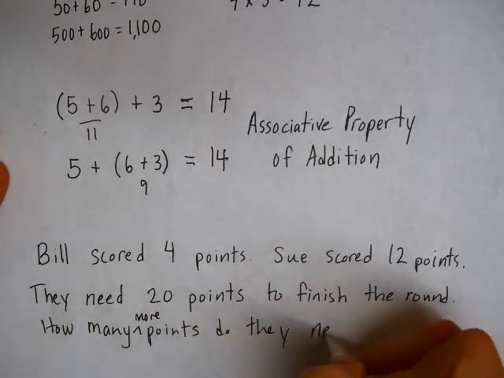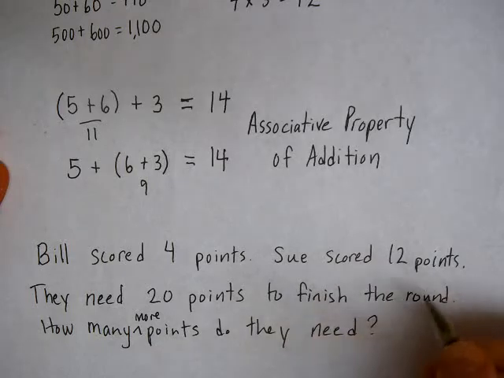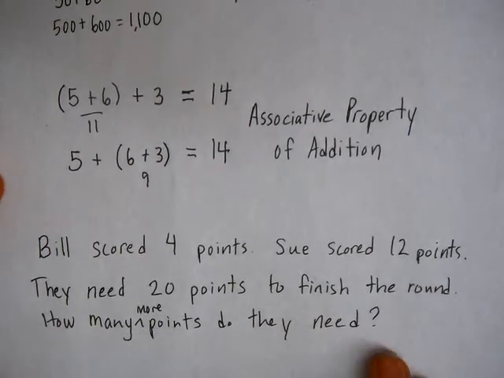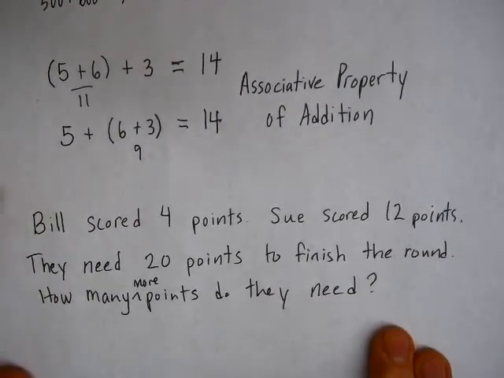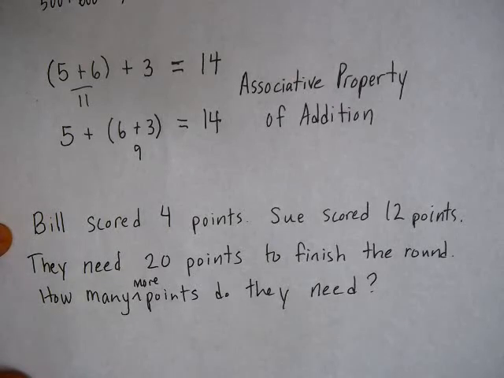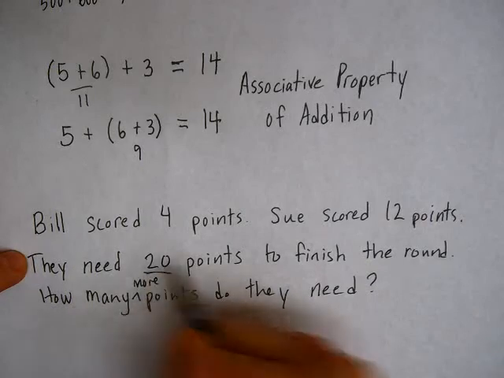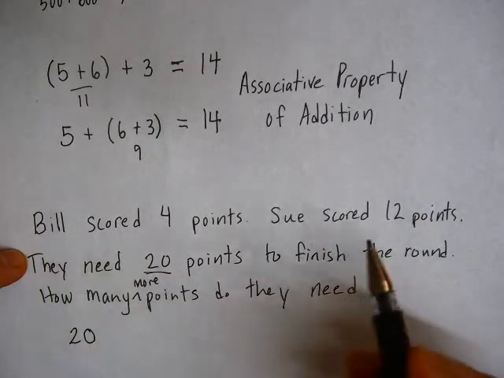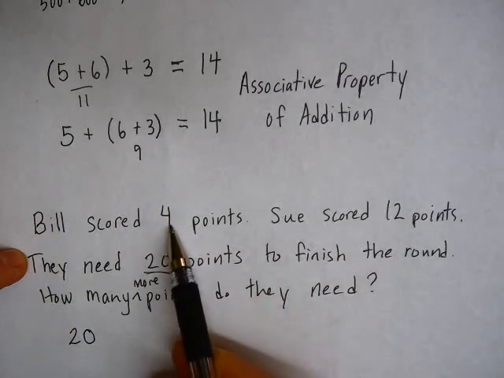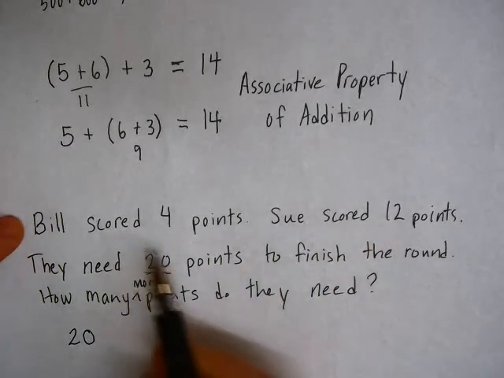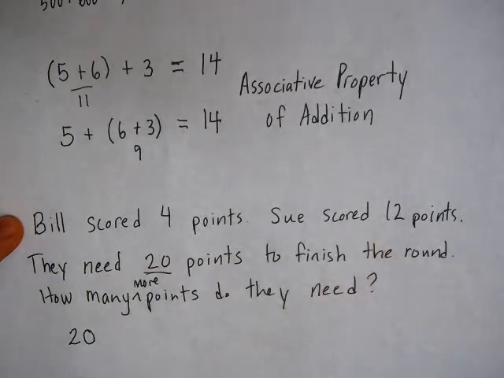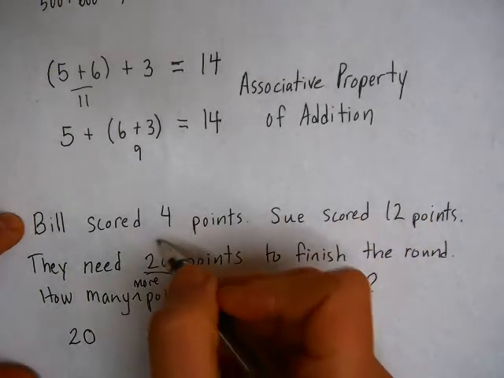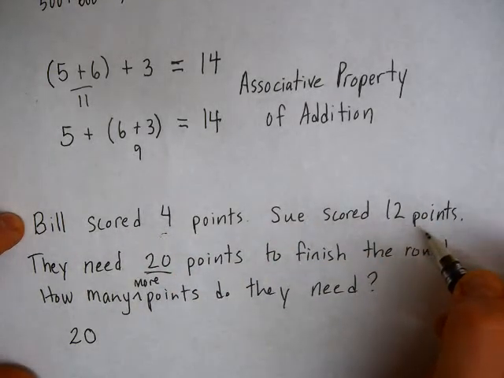If we take this number story and try to put it in parentheses, we have to have kids think about, well, how am I going to solve this first of all? So we have them read it, and we have them get a plan for it. And in this case, they're going to put the biggest number first. They're going to say, okay, I need the 20 points. And I've already got this 4 points here and this 12 points here. So Bill scored 4 and Sue scored 12. So I know this is what I have all together. I know that I need some more.